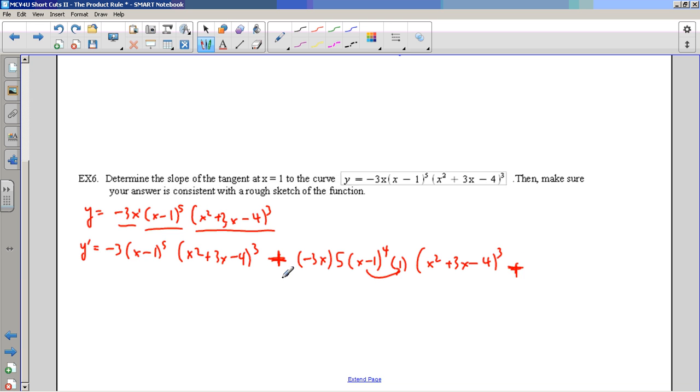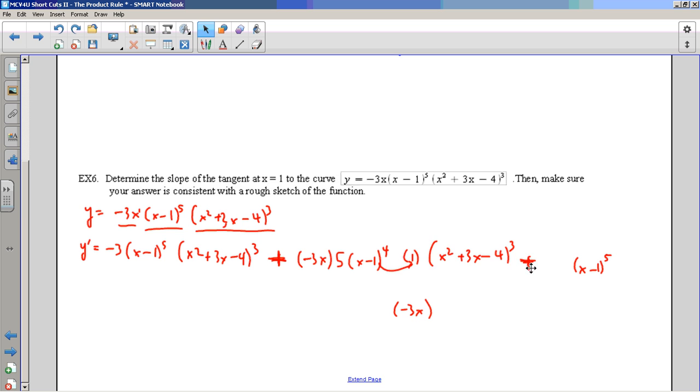Plus derivative of the first, derivative of the second. Now I'm going to write down the first 2 things. Derivative of the last thing. I'm running out of room here.